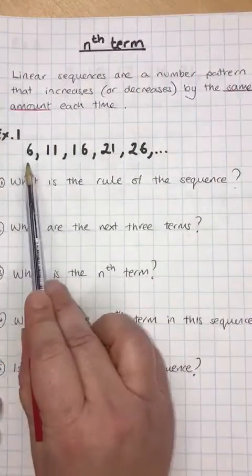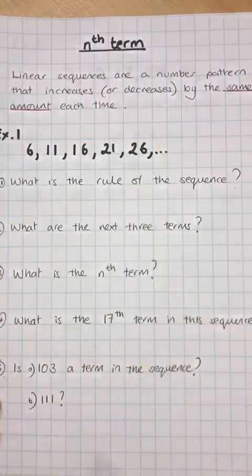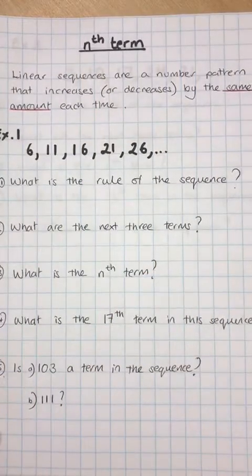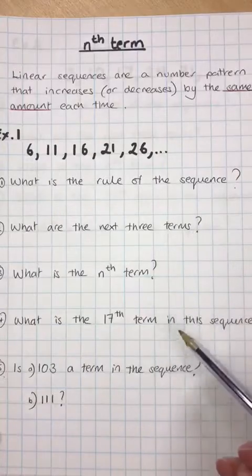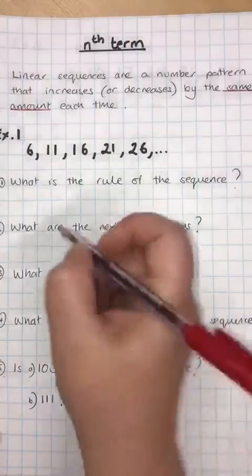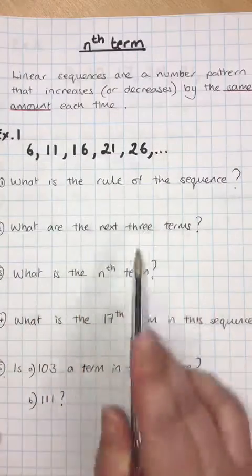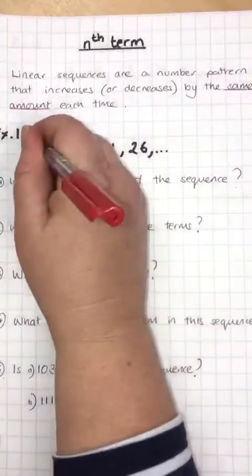My first example, I have a sequence of 6, 11, 16, 21, 26. And there are 5 possible questions that come up in relation to sequences. The first question could be, what is the rule of the sequence?